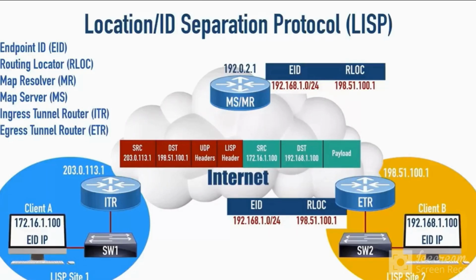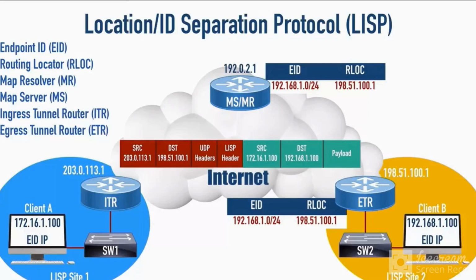You should go to an RLOC at an IP address of 198.51.100.1. So that's what happens. Client A goes up to its ITR at LISP Site 1, and it's going to send traffic over to the RLOC that it was told to go to by the map resolver that's over at LISP Site 2. It's going to decapsulate that packet and send it on to Client B.